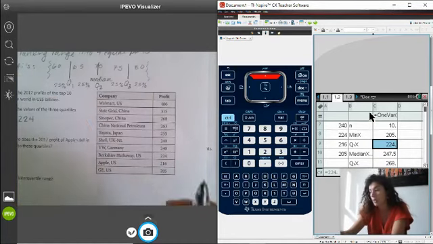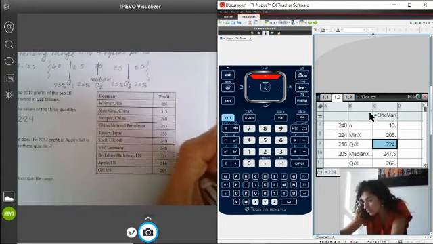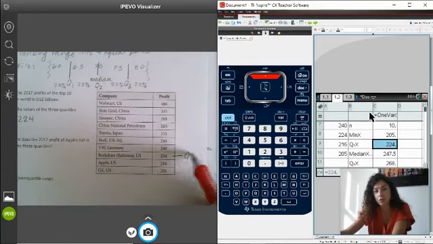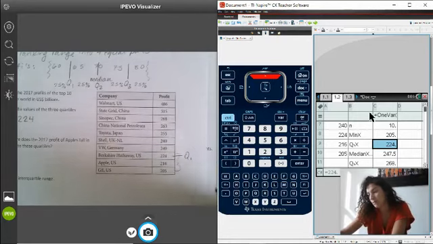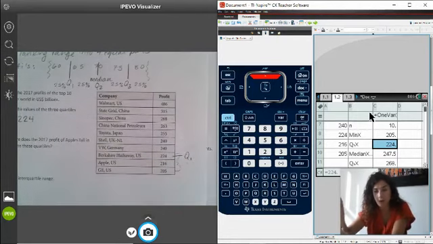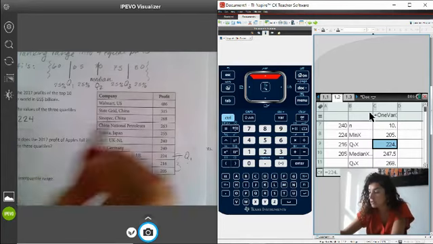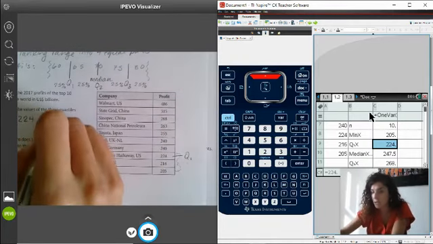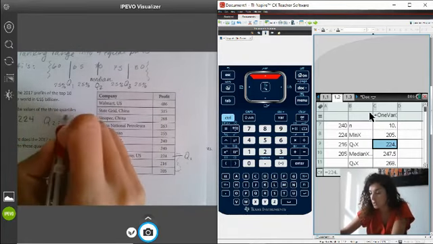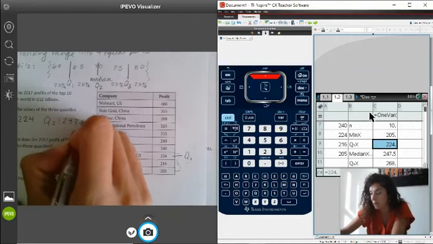And it gives you 224, which means at 224 is your first quartile. So that means that these 3 are your first 25%. Median is your quartile 2. So quartile 2 is the median, which is 247.5.